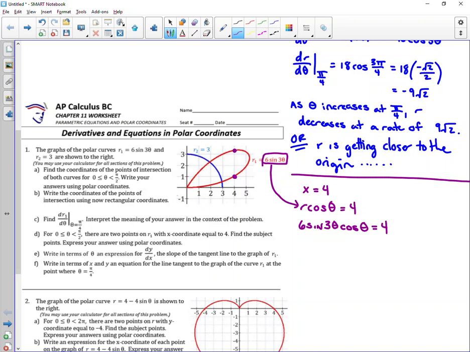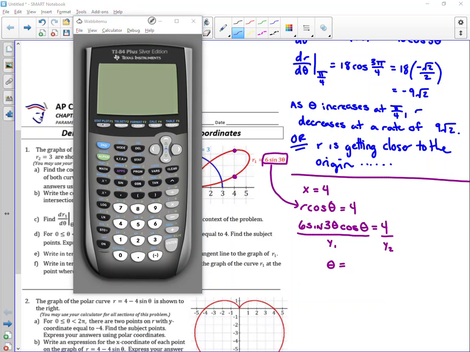See, in this instance, if you were in polar mode, you wouldn't be able to solve it. So in rectangular mode, you go and type this one in y1 and type this one in y2, and you can figure out what theta is going to be. Is that the only way to solve this, with a calculator? Yes.